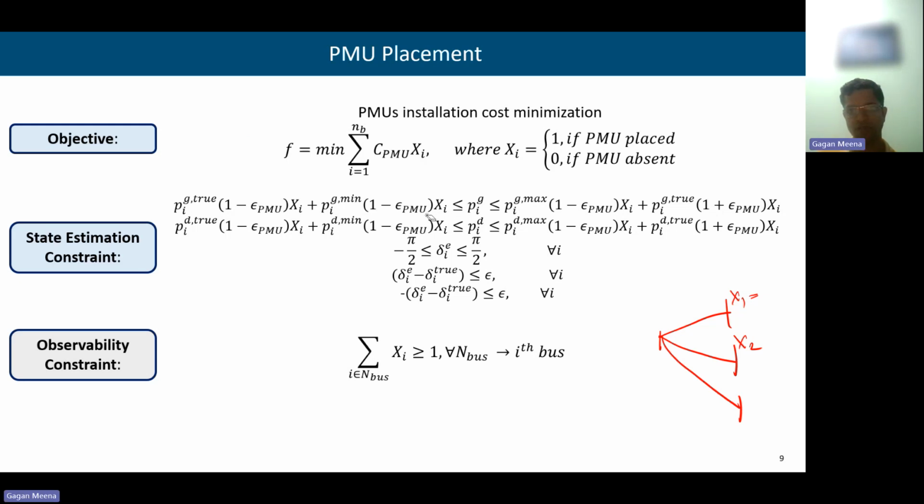So these are also linear functions. These values are obtained by doing the state estimation using the base OPM.